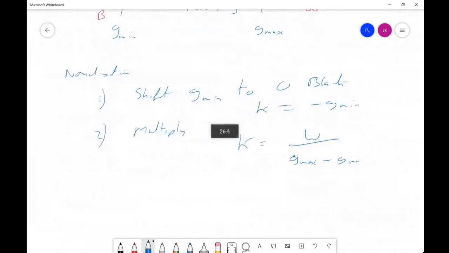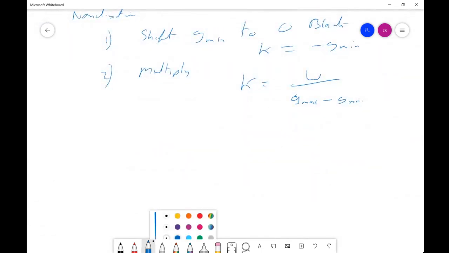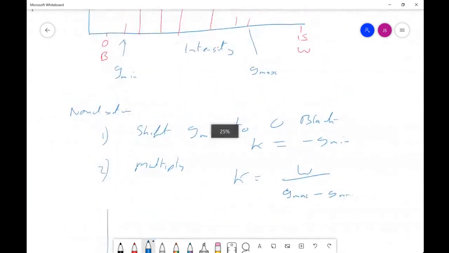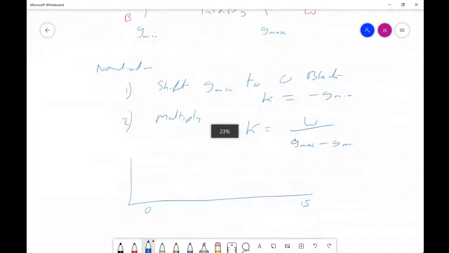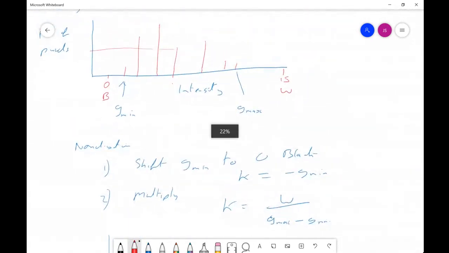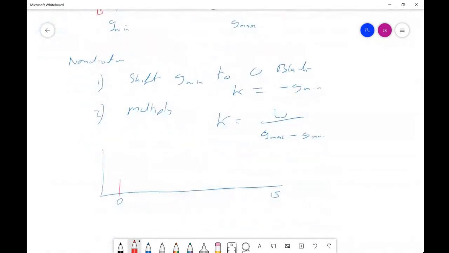So the result of those two together, we will get a histogram which will go from 0 to 15. And there'll be an entry at 0, this one will be at 15, and we will have all the ones spaced out in between. The important thing is we're covering the full range.